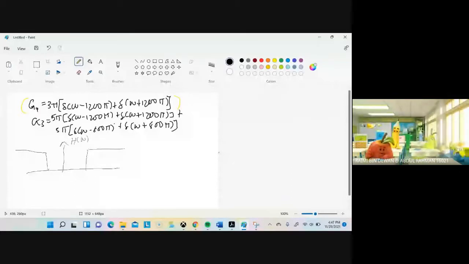This is your filter transfer function, with omega C and omega C here. Since it only covers high frequency, it will block the low frequency. So you must make sure that your omega C is much greater than 800 pi.